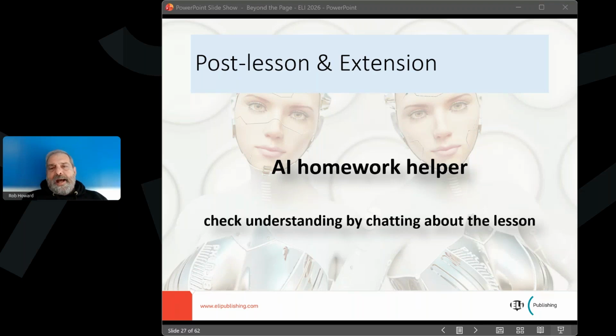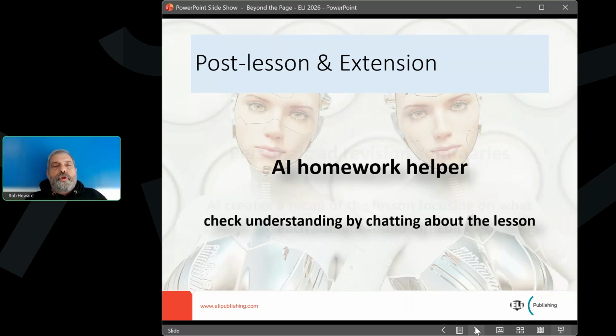Don't let AI do all your work, because then you build this vicious cycle where the teacher generates work with AI, the student does the work with AI, the teacher corrects the work with AI, and nobody's learned anything except the AI app. So just make sure you talk to them about it, and again, teach them responsible use of AI.